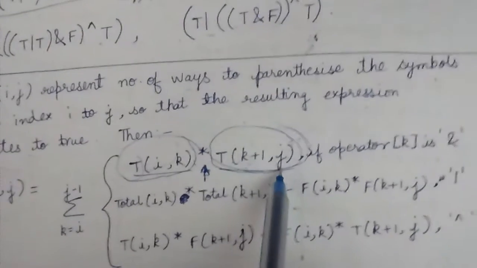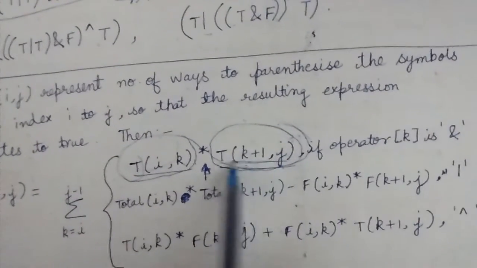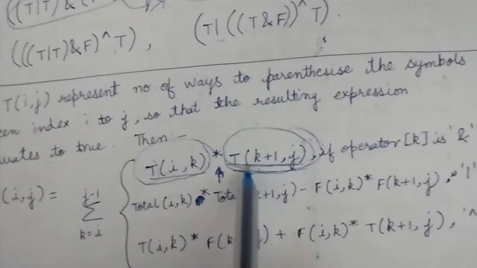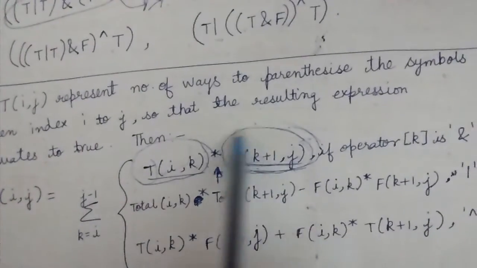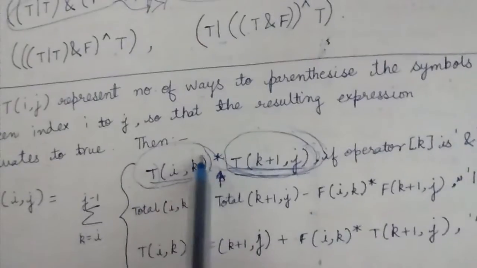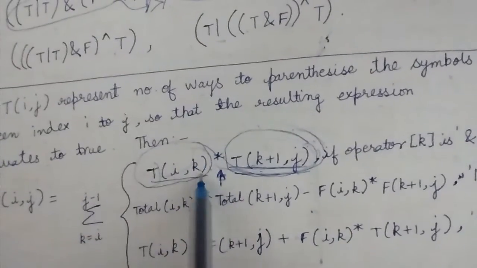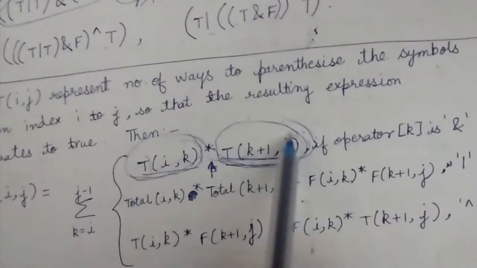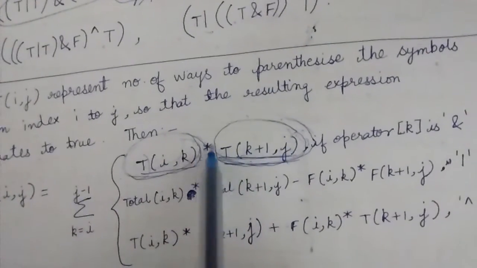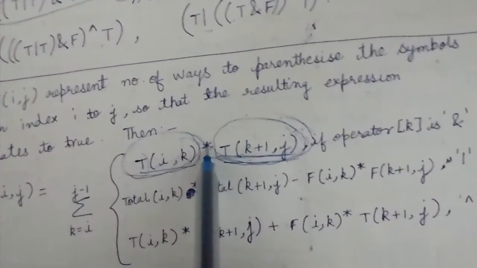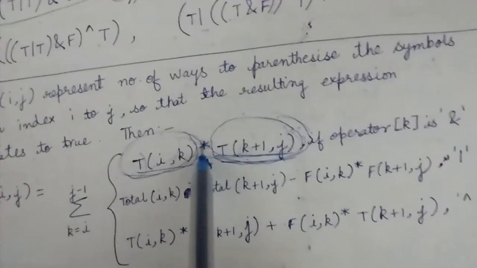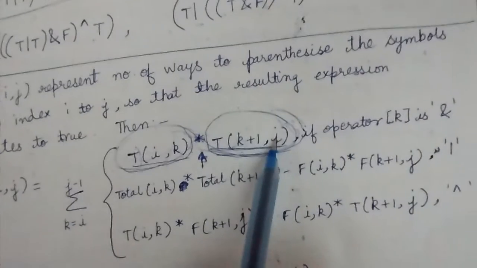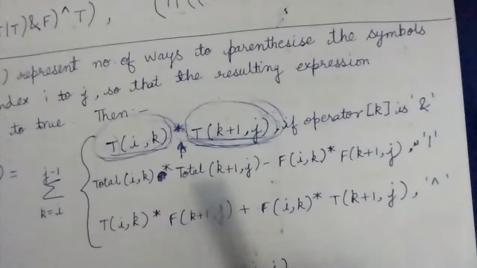The expression from k plus 1 to j evaluates to true in T[k+1][j] ways, and the expression i to k evaluates to true in T[i][k] ways. So this evaluates to true and this evaluates to true. There is an AND in between these two, so we multiply, following the basic rules of permutations, because this and this must be true. There is no OR in between.